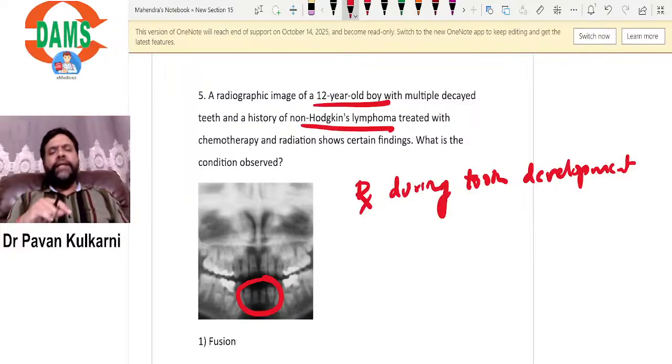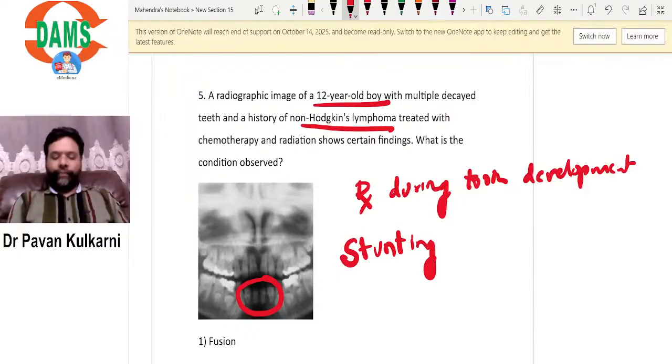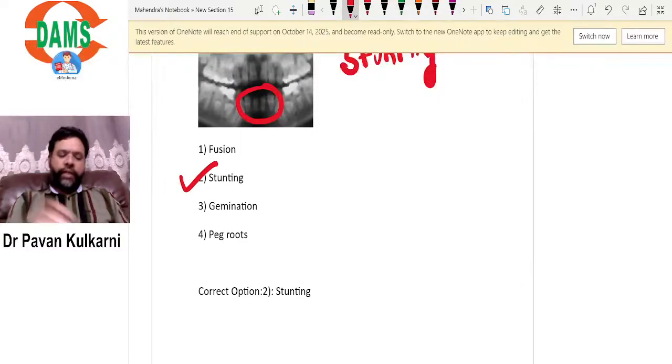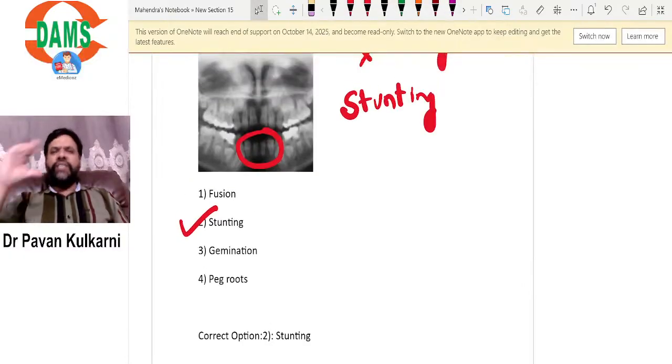The root is small and the crown is small. That is called stunting. Stunting means whenever anything is very minute or smaller, and here you see it in the crown as well as the root.